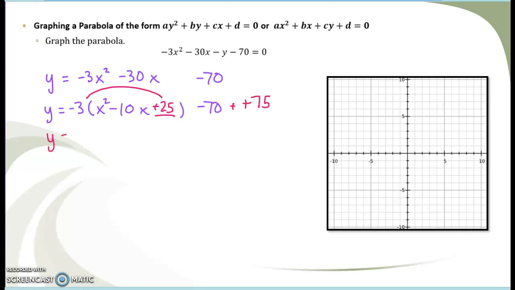So y equals negative 3. Now this completing the square led to x minus 5 squared. And then I have negative 70 plus 75, so I have plus 5. Which means my vertex is at (h, k). H is attached to this x, so that's 5 and 5.